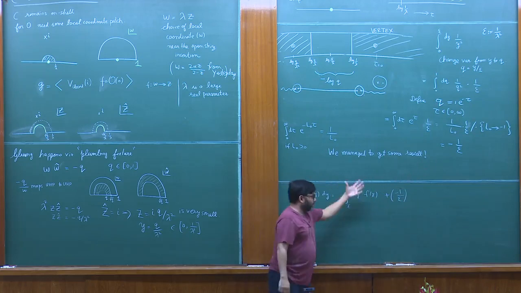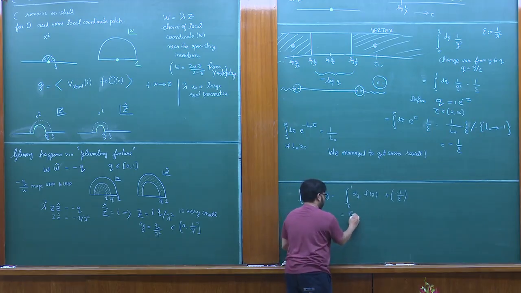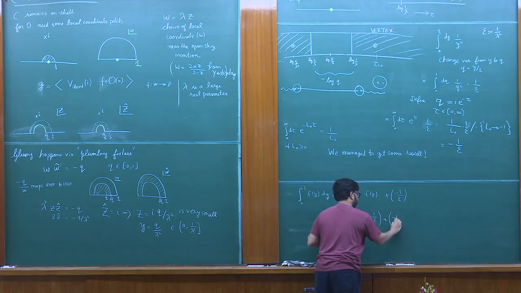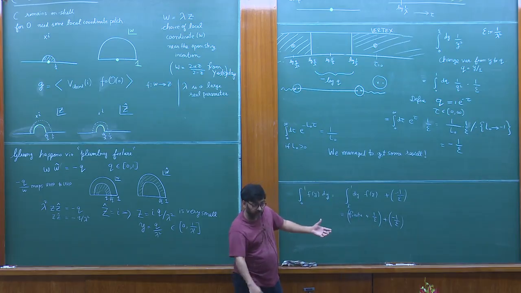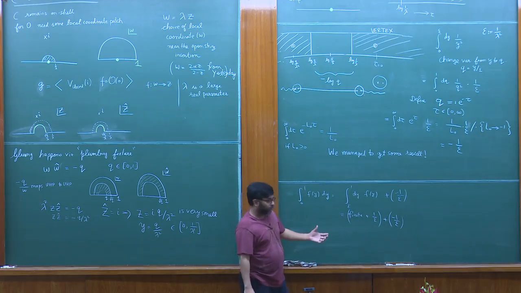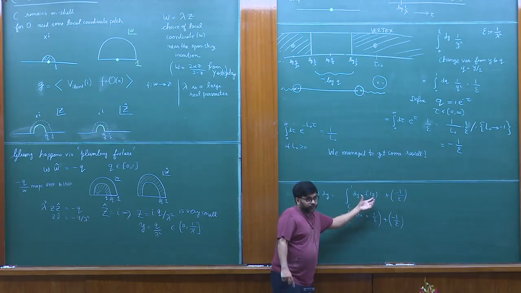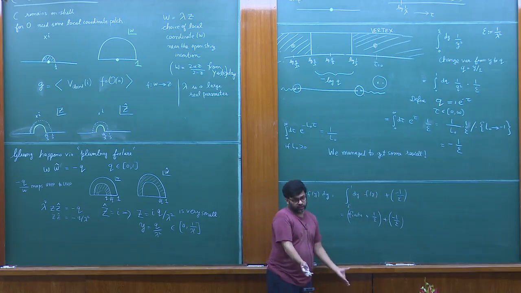This integral is completely finite, we can do it, and you will find that this is something finite plus 1 over epsilon, and then plus minus 1 over epsilon. So this will be the structure of the answer. Where is that 1 over epsilon coming from? It comes from doing this integral, because f of y is an explicit function. I can just write it down and do the integral, and you will get that.